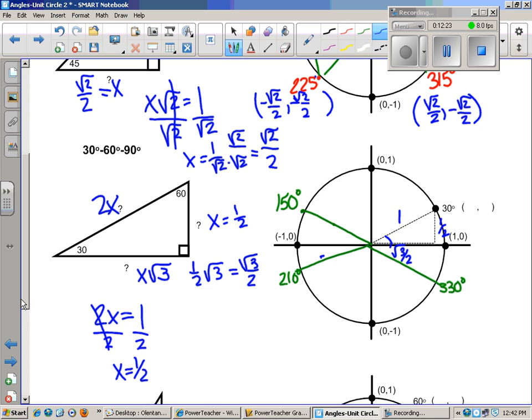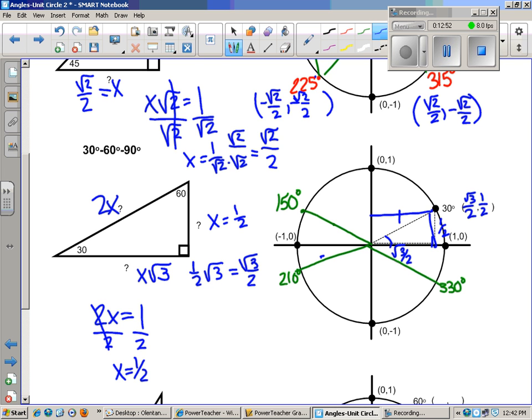All right, now I can list the, what's the x coordinate for 30? How far over did I go? Square root of 3 over 2, right. And how far up did I go? 1/2. Does everybody see why that's true? See, that distance across is the same.